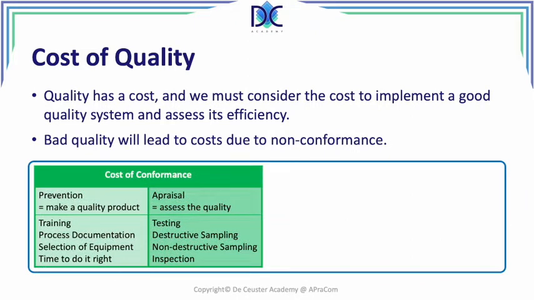The cost of quality or the cost of conformance is based on 2 parameters. We have prevention and appraisal. Prevention is about making a quality product. For that, we need to train the people. We need process documentation. We have to select different equipments, and we need the time to do it right. On the other hand, we have appraisal.